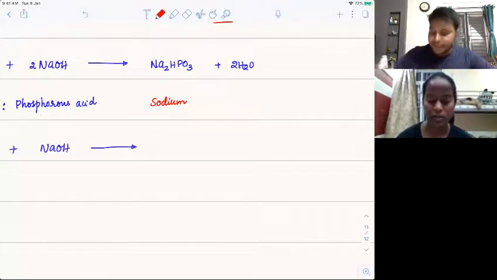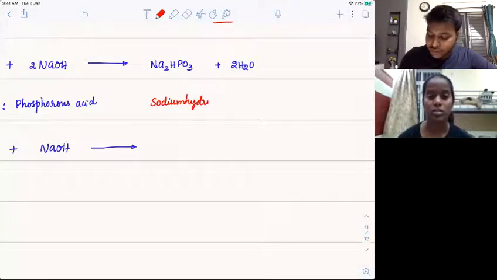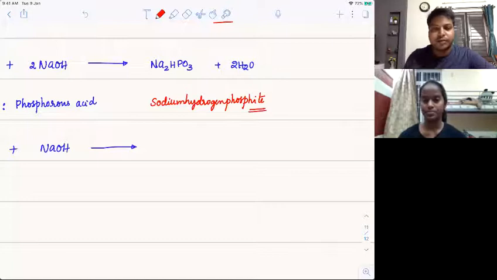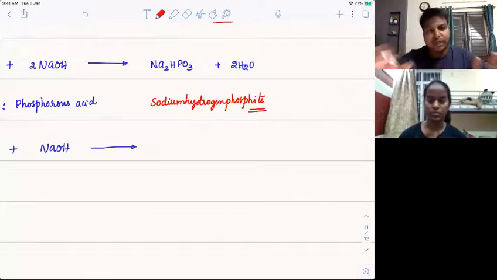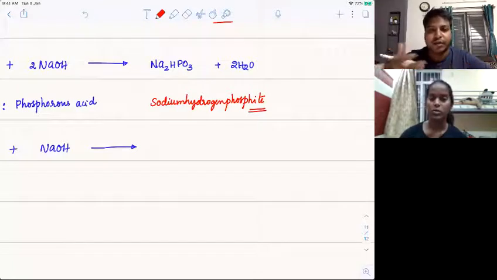But since there is one hydrogen in between, we can be more elaborative and write it as sodium hydrogen phosphite. Even if you don't write hydrogen, it is still going to be the same name, but just to be more elaborative, you can always write hydrogen.